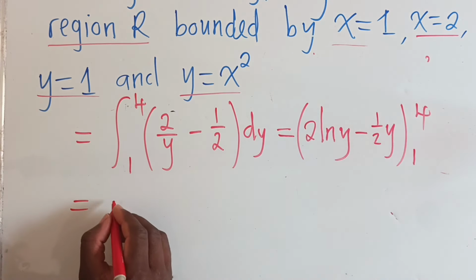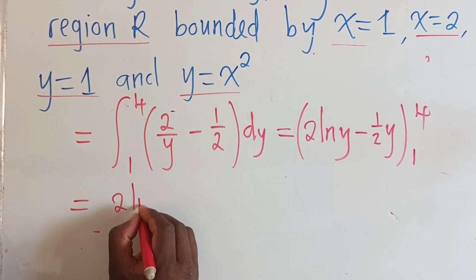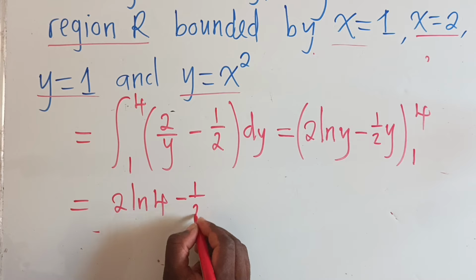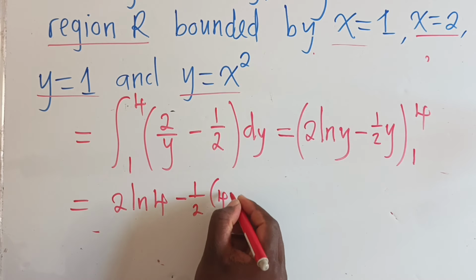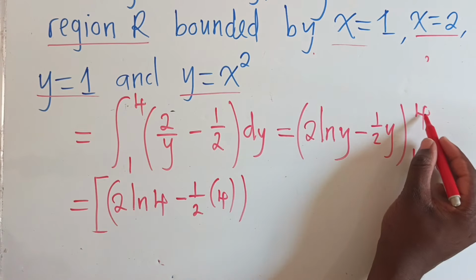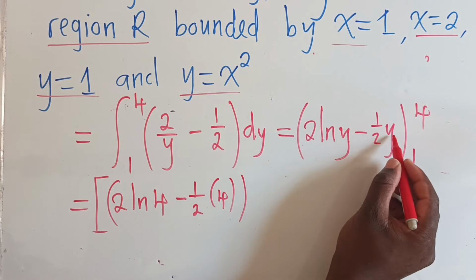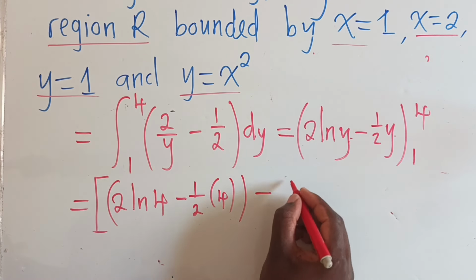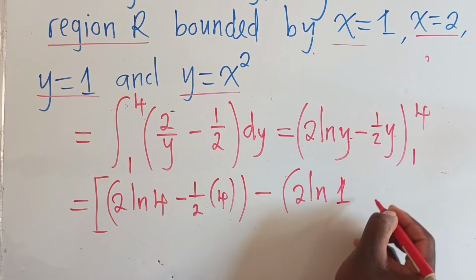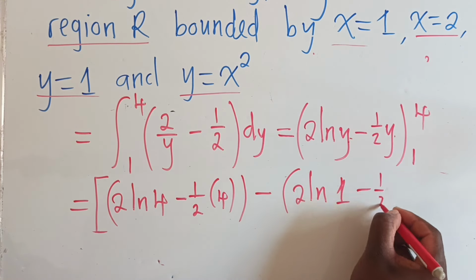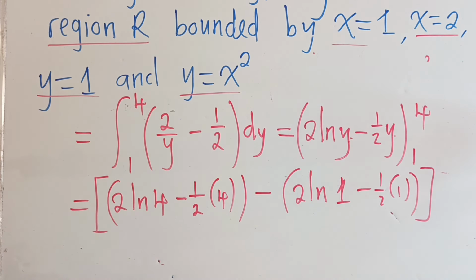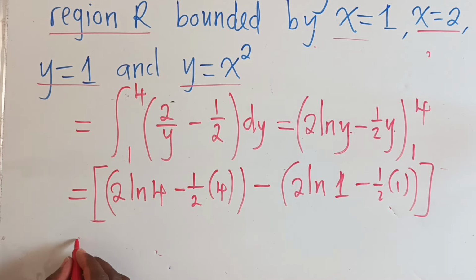We substitute the limits, it will be 2 ln 4 minus 1 over 2 and the 4 there, okay? So I'm just plugging, we get this 4, put it where y is, here and here. Then come and say minus. The same thing here, we write this time a 1 where y is. So that's how we deal with limits.